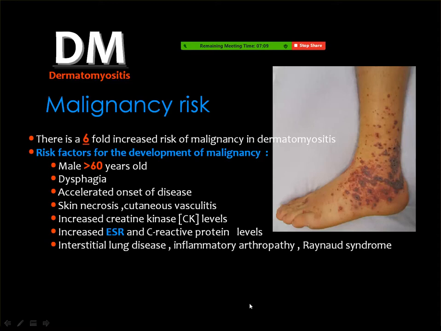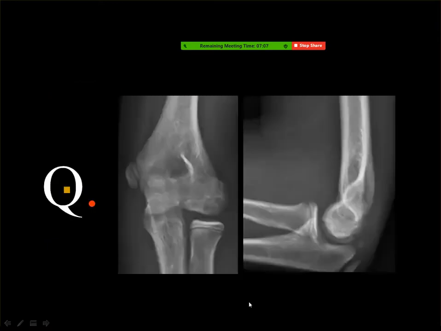All these are considered risks for the development of malignancy.